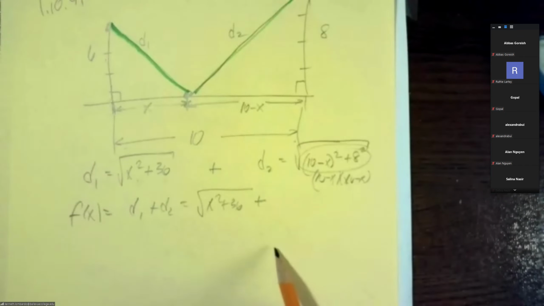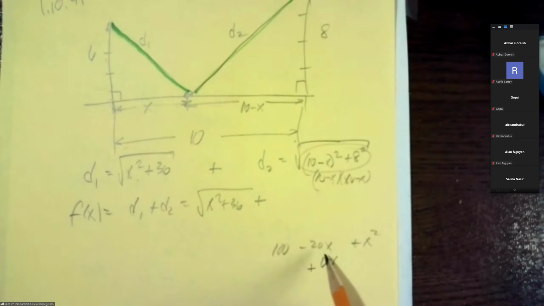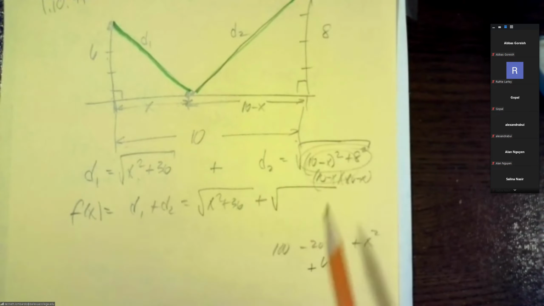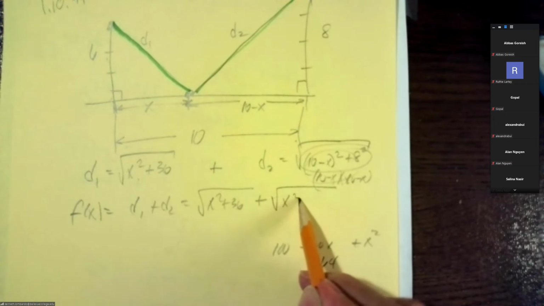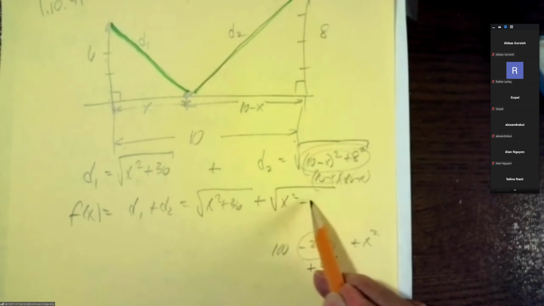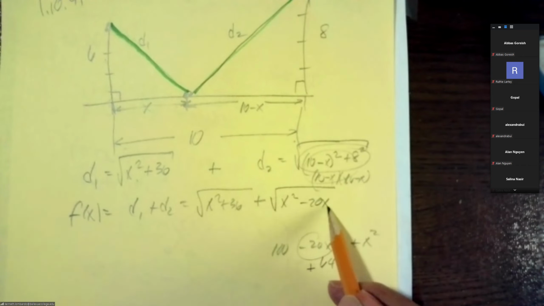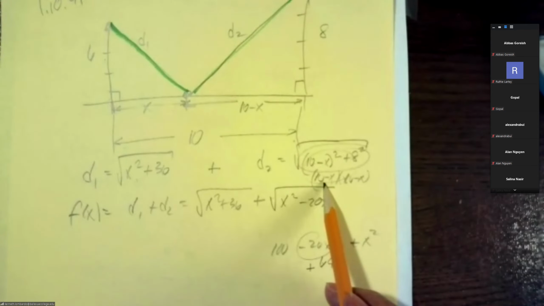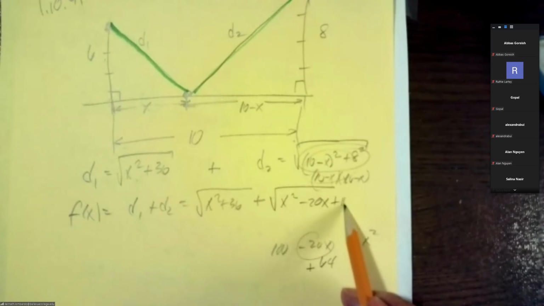That's going to be 100 plus X squared, negative 20X, plus the 64. So it looks like that's going to be the root of X squared minus 20X plus 10 squared plus 64. So that's going to be plus 164, isn't it?